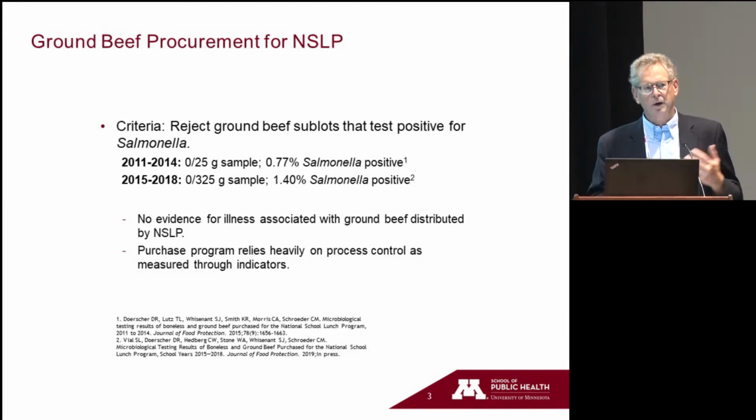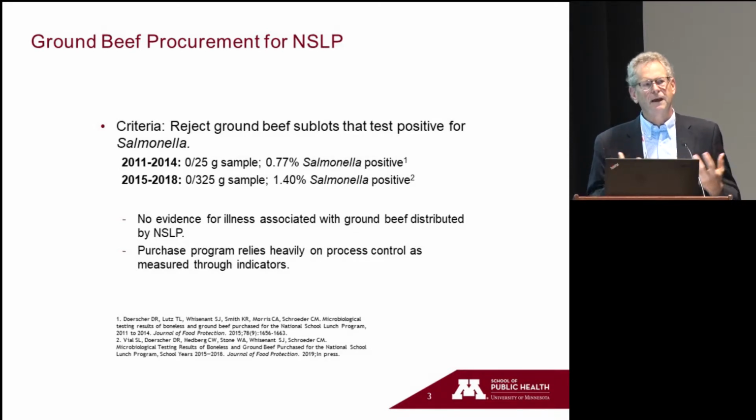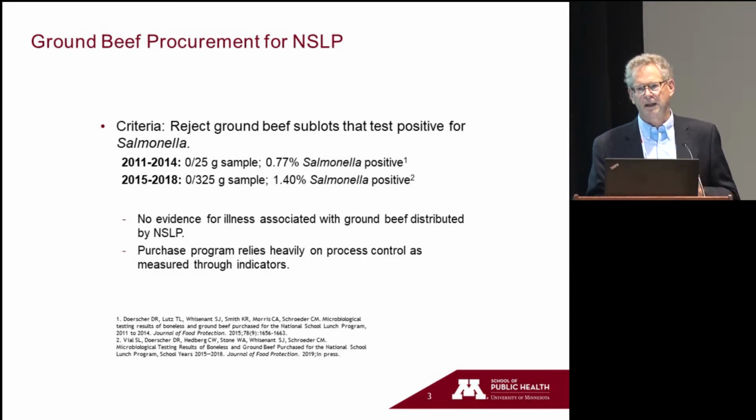And I've been working on a project in conjunction with the National School Lunch Program that's managed by the Agricultural Marketing Service at USDA. And from 2011 to 2014, they analyzed data coming through their system, and they have a purchasing criteria for ground beef for the school lunch program that specifies it has to be free of salmonella.